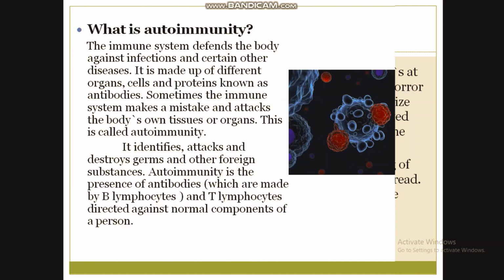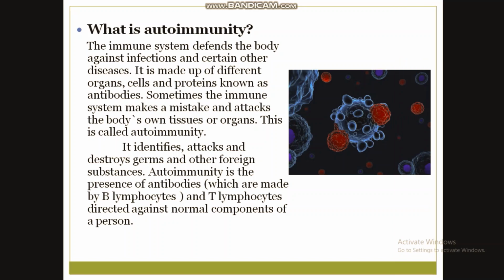Our next point is: what is autoimmunity? The immune system defends the body against infections and certain other diseases. It is made up of different organs, cells, and proteins known as antibodies. Sometimes the immune system makes a mistake and attacks its own tissues or organs. This is called autoimmunity.